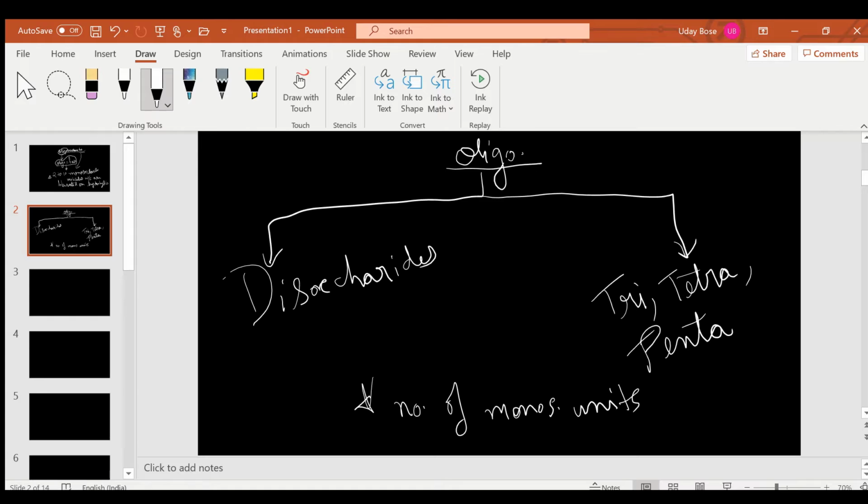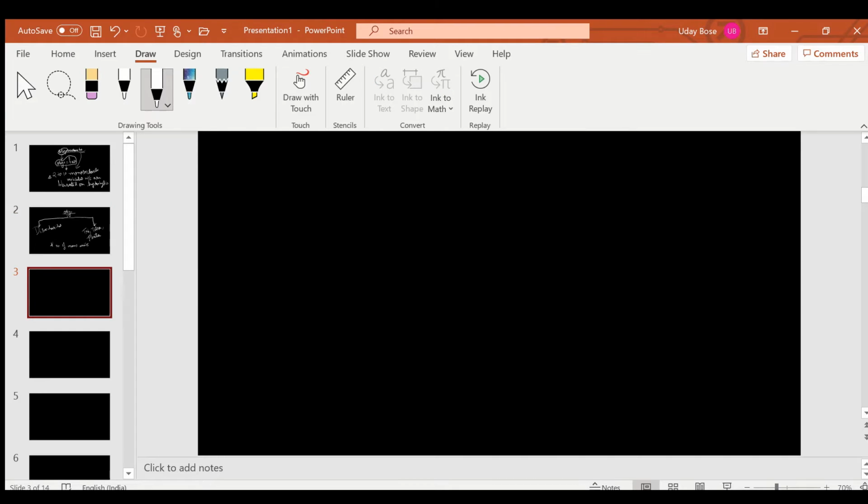Some examples will help you understand the terminology of hydrolysis and which monosaccharide units form the disaccharides and the tri, tetra or pentasaccharides, which are all grouped into the oligosaccharide division.